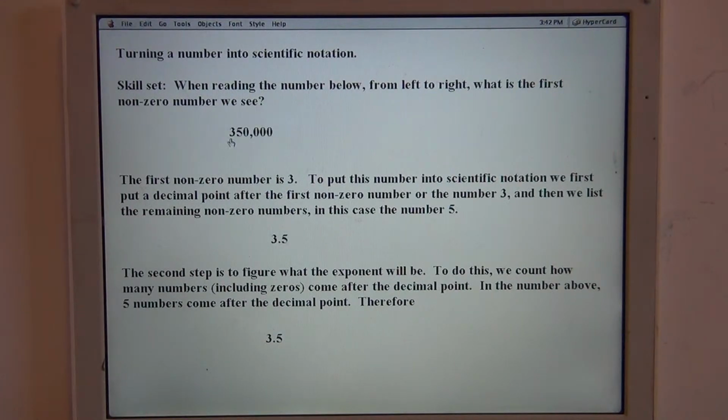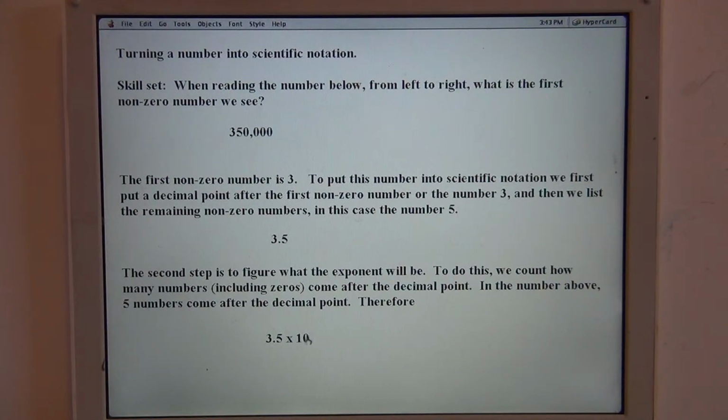Here we have 350,000. We're going to turn it into scientific notation. We're looking for the first non-zero number on the left. The first non-zero number is 3. Then we put a decimal point and write any other non-zero numbers. In this case, it was 5. We know that a number in scientific notation has a decimal, then times 10, and we have to figure out the exponent.